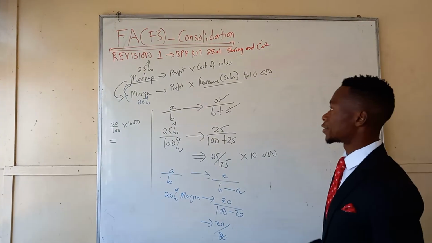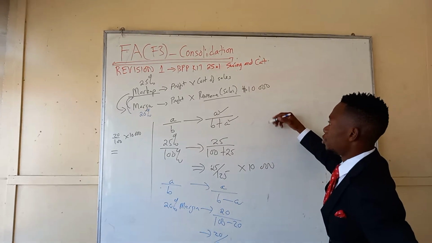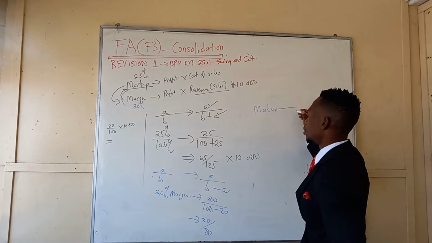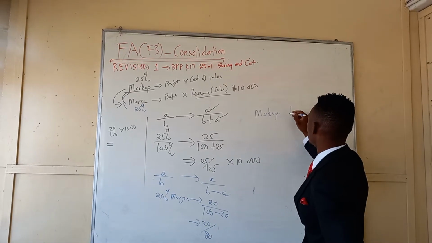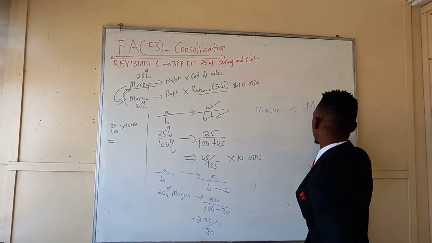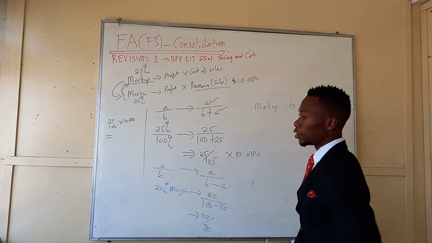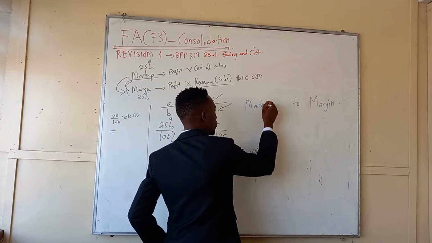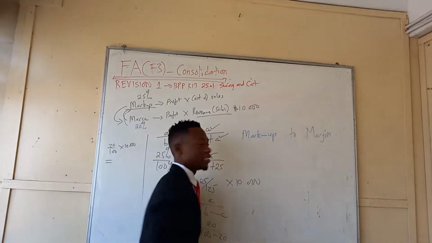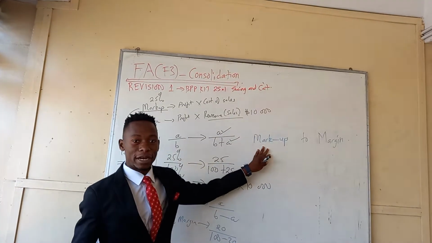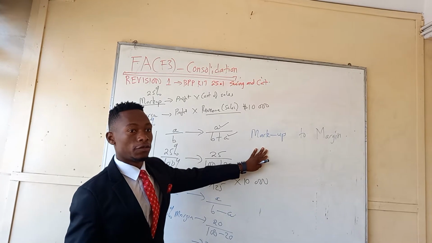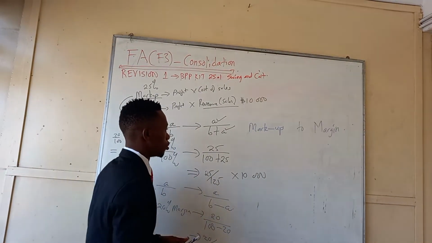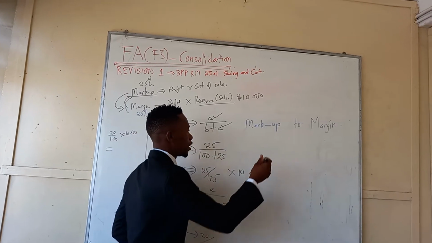Or you can use this markup to margin. This is how I write the markup. If you want to convert the markup to margin, how do you do it? This is what I do.